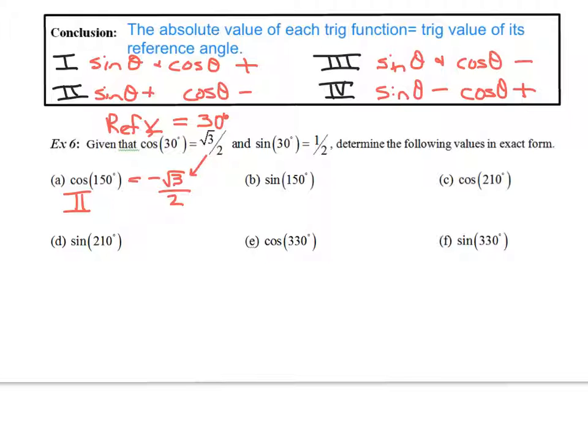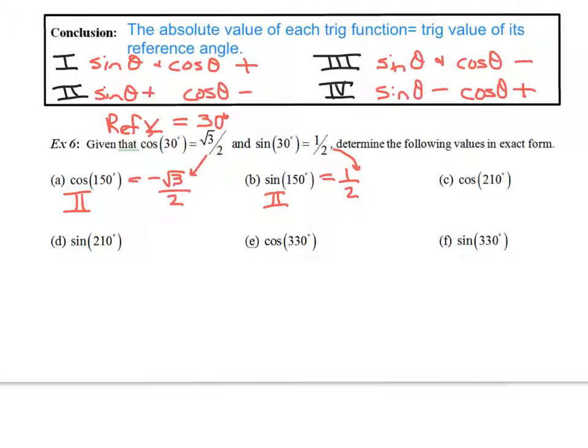So I'm taking the answer for the cosine of 30, but I'm negating it because now I'm in quadrant number 2. Sine of 150, same exact angle, still in quadrant number 2. Sine I know to be positive, so I'm going to keep the answer for sine of 30, and it's also going to be positive because sine in the second quadrant is positive.